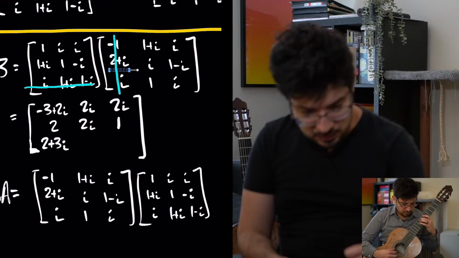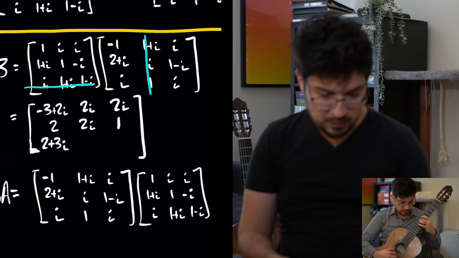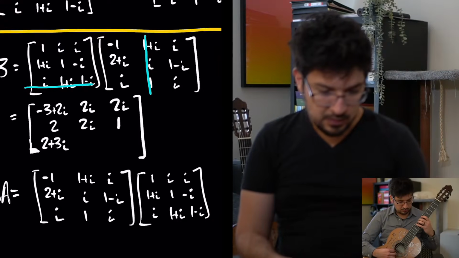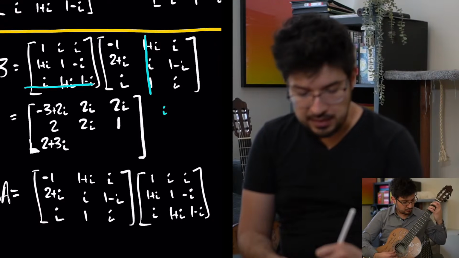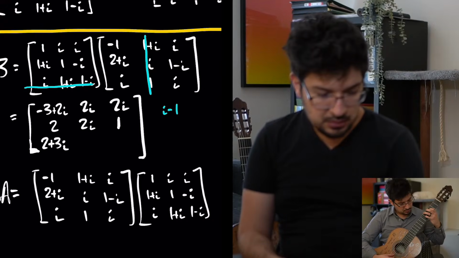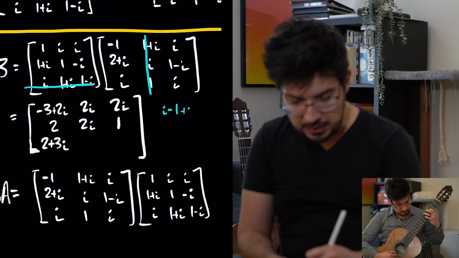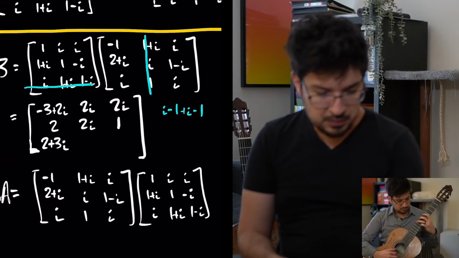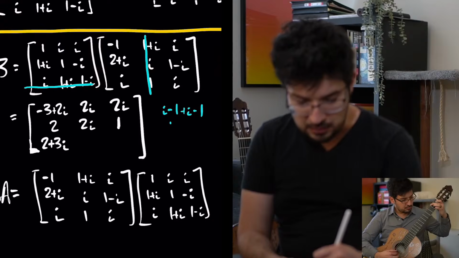And now we have i plus i squared, i plus i squared, and what plus i squared? 1 minus i.